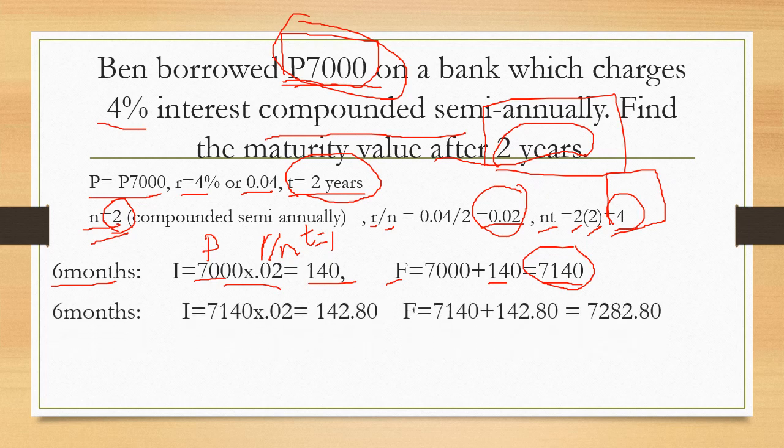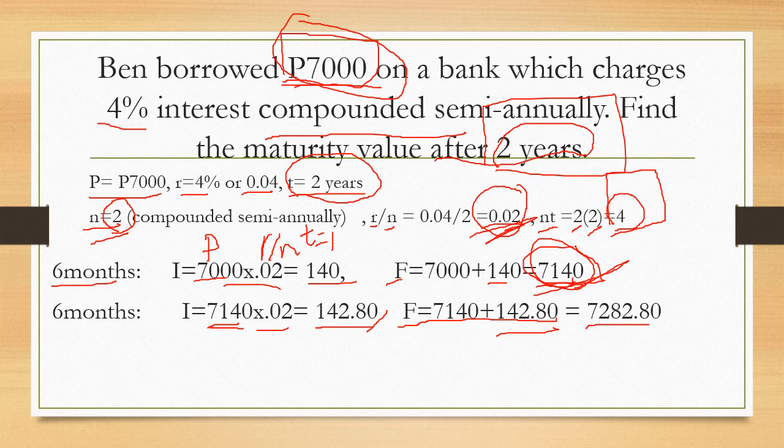Next 6 months. Since this is compound, this future value, now 7,140 pesos, will become our principal for the next computation. Times 0.02, then we will have an interest of 142 pesos and 80 centavos. Add these two numbers again, the 7,140 pesos and the interest of 142.80 pesos.